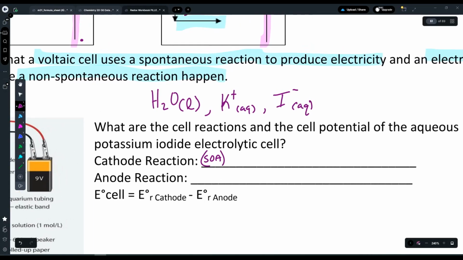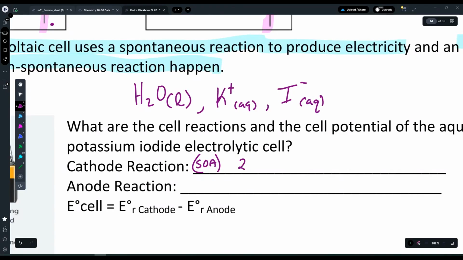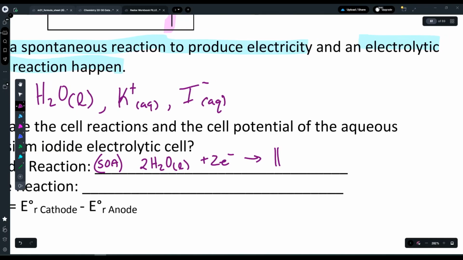I'm just writing SOA to mean it's this reaction that's happening at the cathode. So 2 waters plus 2 electrons produces hydrogen gas and 2 hydroxide ions.